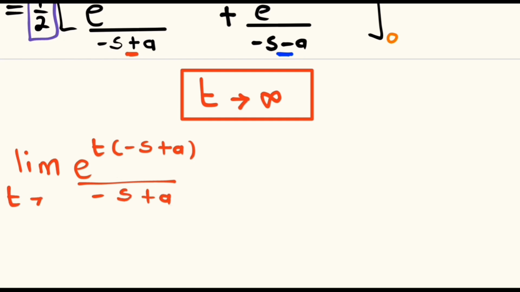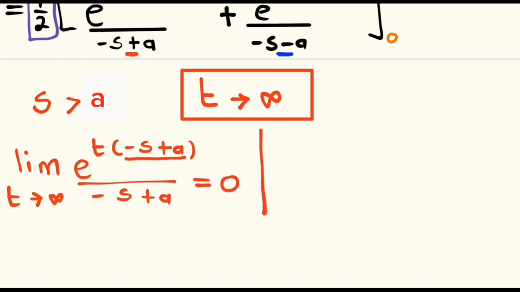In order to ensure convergence, s must be greater than a, because the part inside the parentheses must be less than 0, and if that's the case, our limit will be equal to 0.